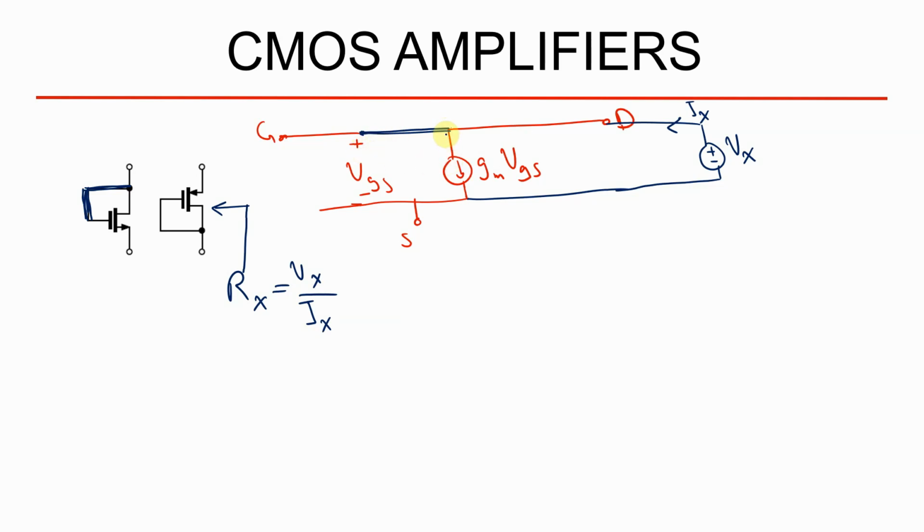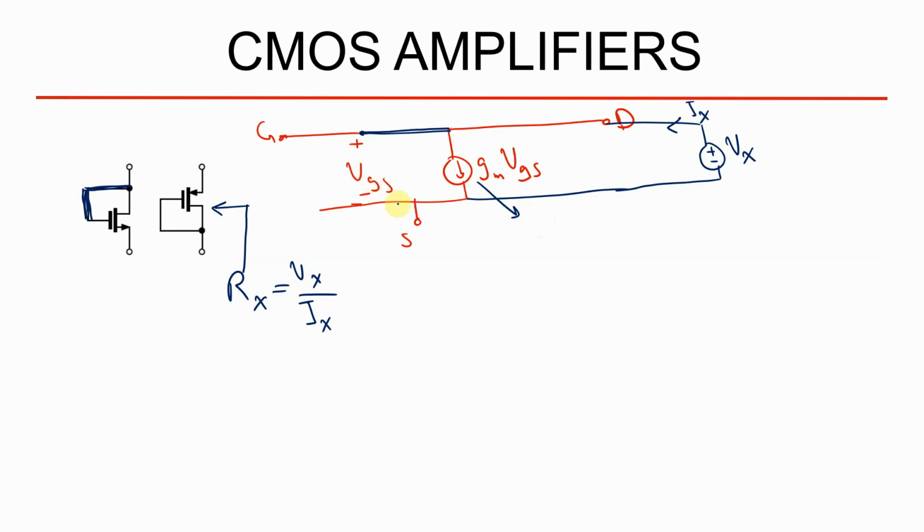We have a dependent current source depending on the voltage, and here it's voltage. You can always model the current dependent on its own voltage with a resistor. And what is the value of the resistor? The voltage divided by current. So I can simplify this with this one.